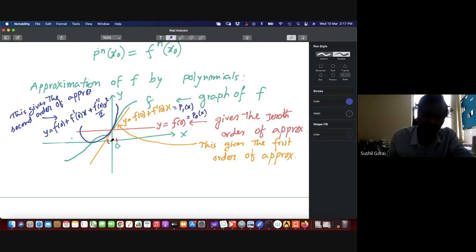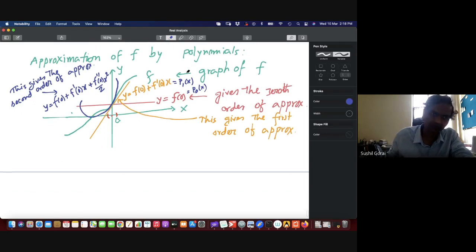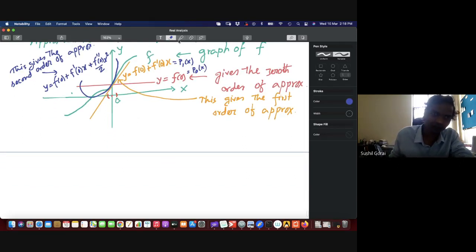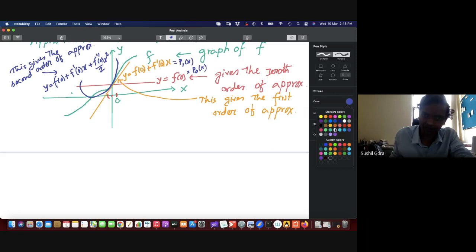Is this clear from the picture, that as you increase the degree of the polynomial, it gets closer and closer to the graph of f, right?